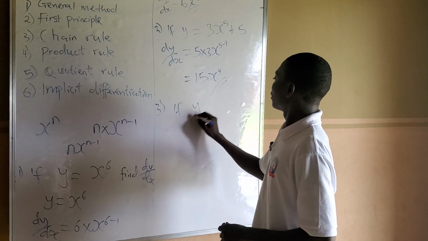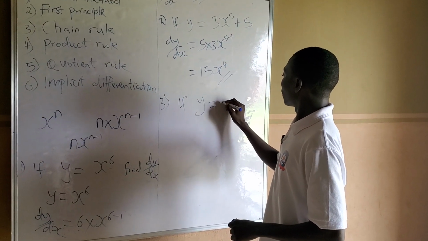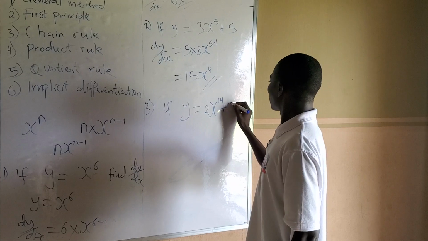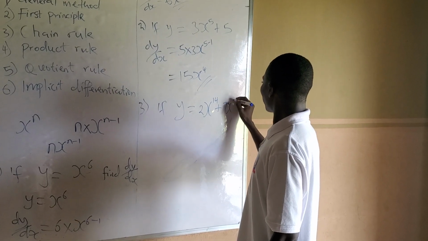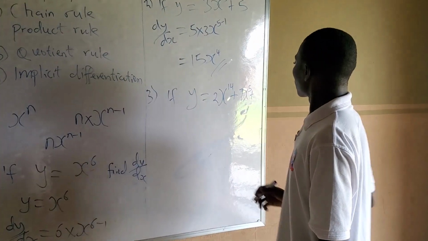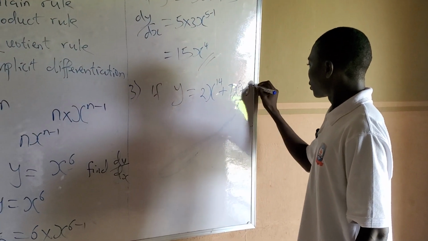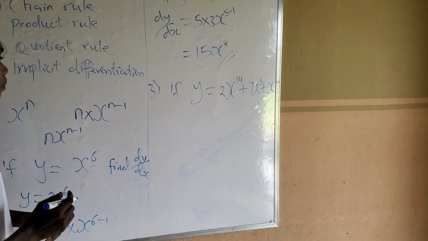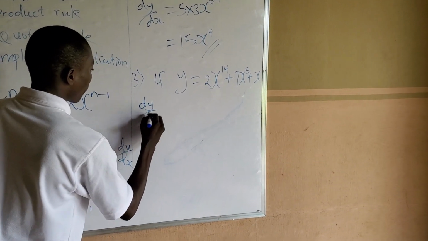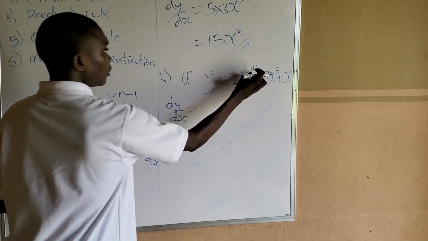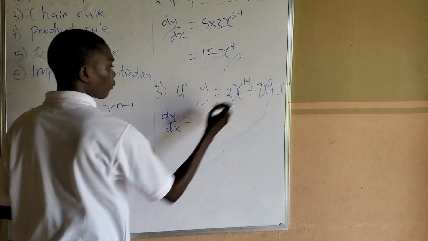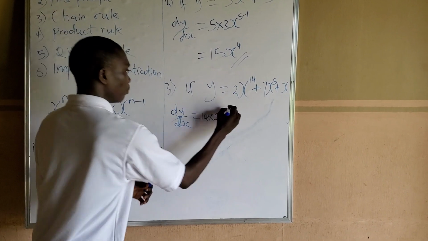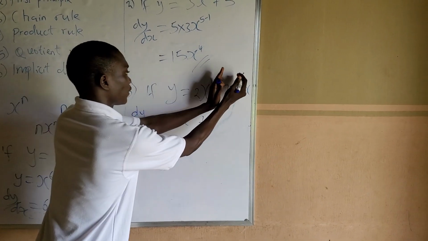Example 3. If y is given to be 2x raised to the power of 14 plus 7x raised to the power of 5 plus x, and you are asked to differentiate, the dy/dx equals, as I've said, you use this 14 to multiply it and then subtract 1 from 14, which equals 14 times 2x raised to the power of 14 minus 1 plus, you also differentiate this one separately again.